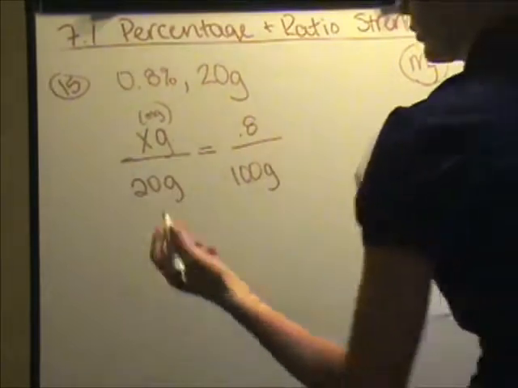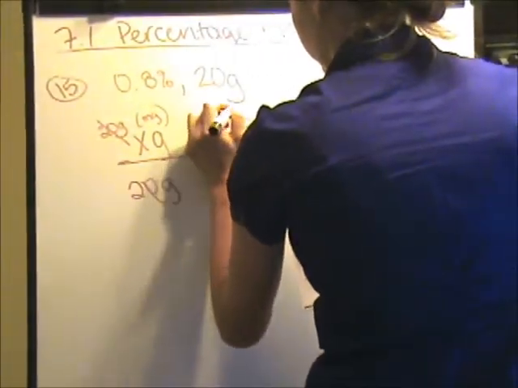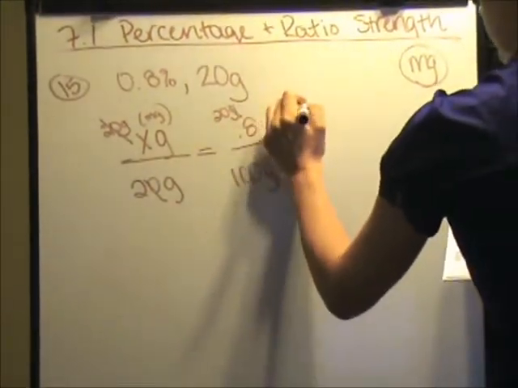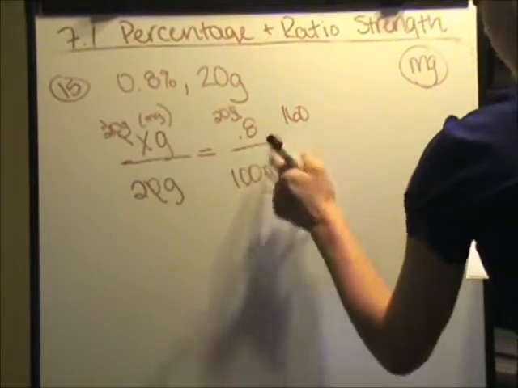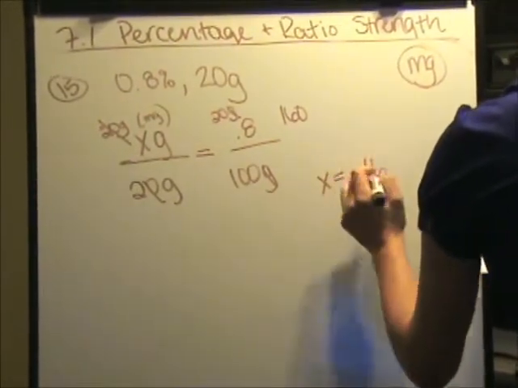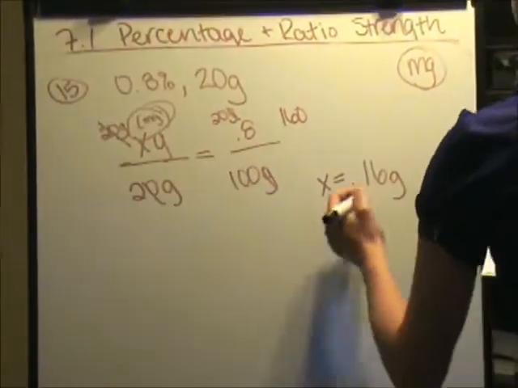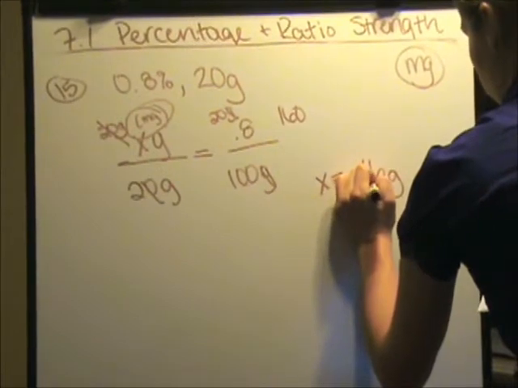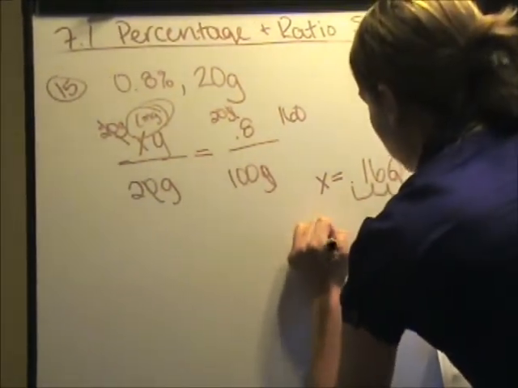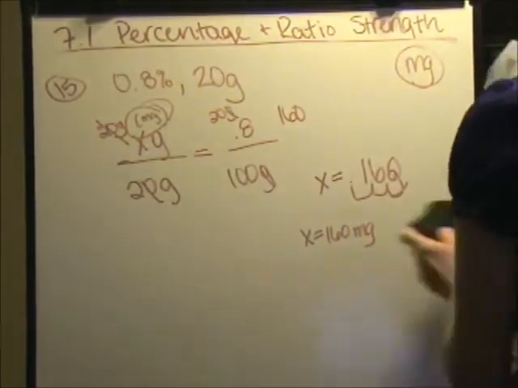So now we're ready to solve for X. 20 times 8, 160 divided by 100. So X is equal to 0.16 grams. But remember, we need to convert it to milligrams. So we're going to move it 3 to the right, 1, 2, and 3. So X actually equals 160 milligrams.